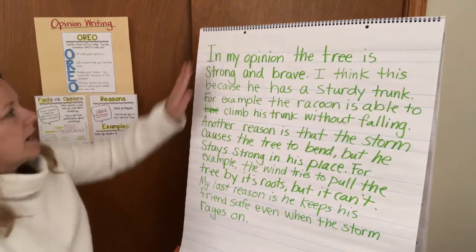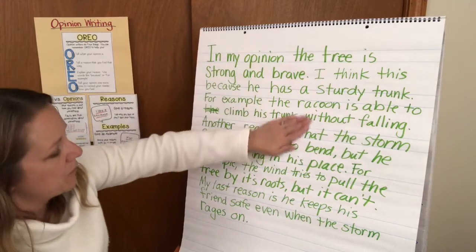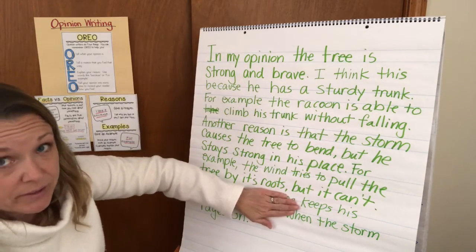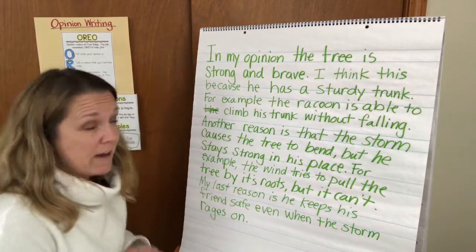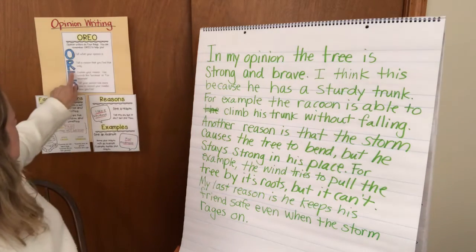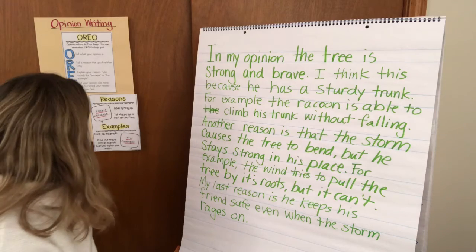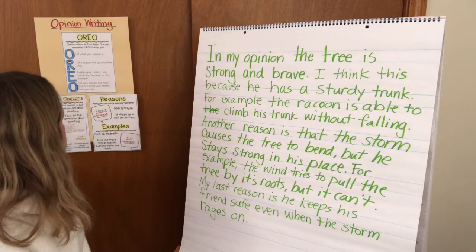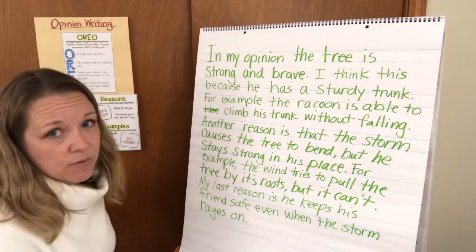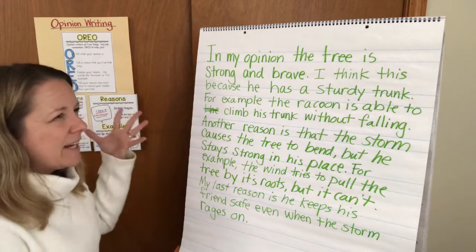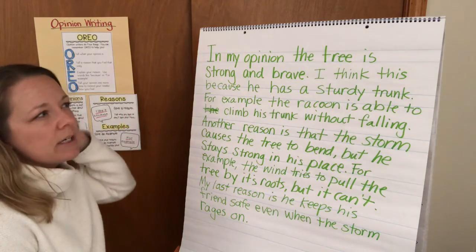Okay, so I have my topic sentence. I have 3 details with some examples, and I used examples right from the text. My last thing in my Oreo, my 4th thing that I need, is tell your opinion one more time to remind your reader how you feel. So I have to kind of sum it up and come up with a conclusion.